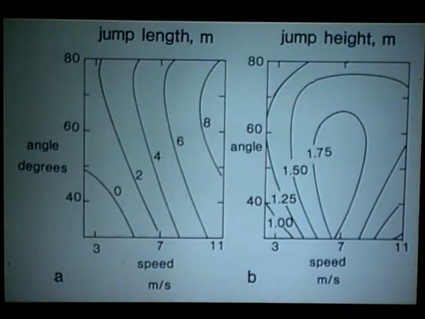Now, you could suspect me of cheating. The parameters for muscle properties that I've put into the model, they're not very accurately known. So just to check whether I've been lucky in getting the right answer, I've tried varying the parameters a bit.